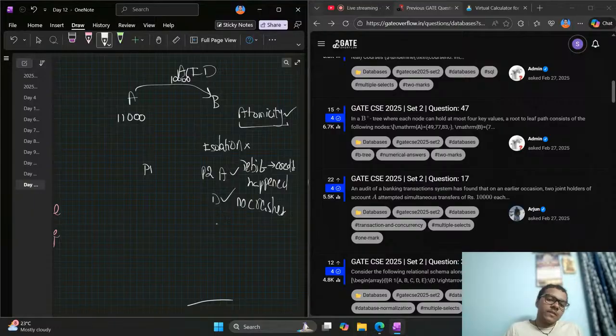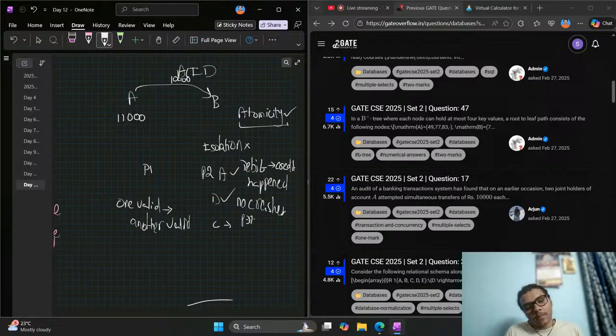So about consistency, one valid state to another valid state. Printing, alright, showing more currency.